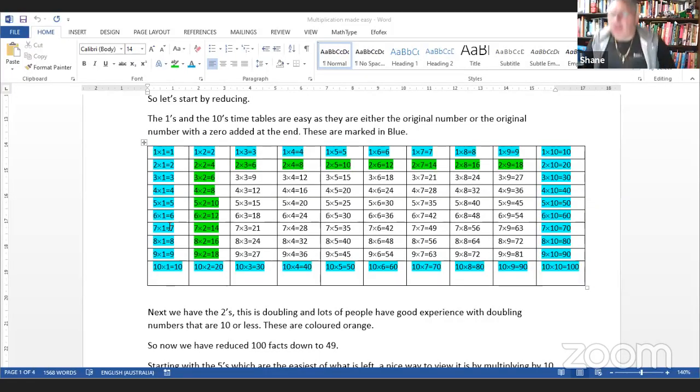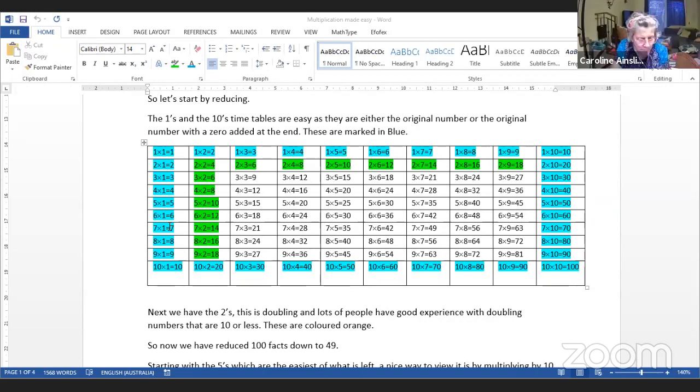So now we're going to use our fingers. So, Caroline, I'm going to ask you to give me a number from 1 to 9 that you would like me to multiply by 9 with. 7, please. 7. So I hold my hands up and I'm going to count 7 from left to right on my fingers. 1, 2, 3, 4, 5, 6, 7.